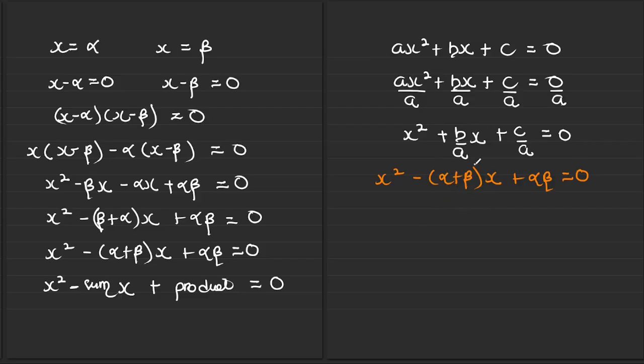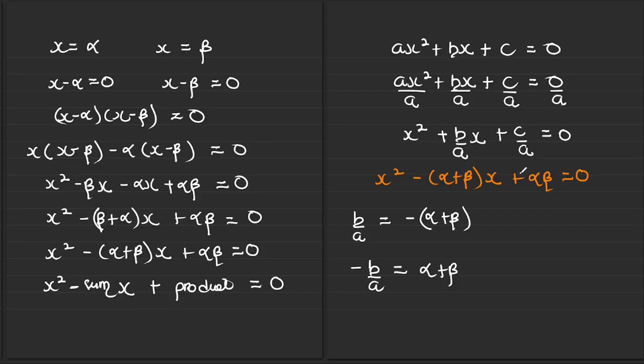If you compare these two, we have b over a equal to negative (alpha plus beta). If you want to make alpha plus beta the subject, then we can easily say negative b over a is equal to alpha plus beta. This is what we have here.